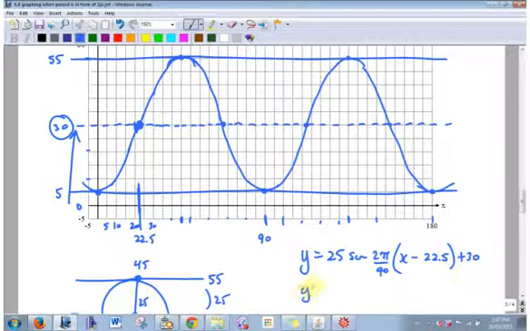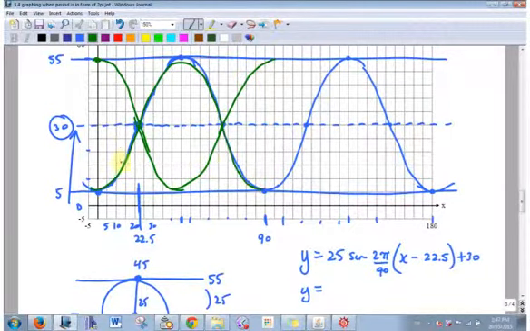Okay. Who would prefer cosine? If this thing started right there and went like that, that is a natural cosine. No phase shift at all, right? What's the relationship between this and that? It's just reflected over this line. It's a negative cosine. So amplitude is the same. Negative takes care of that. Period doesn't change. That's the same.